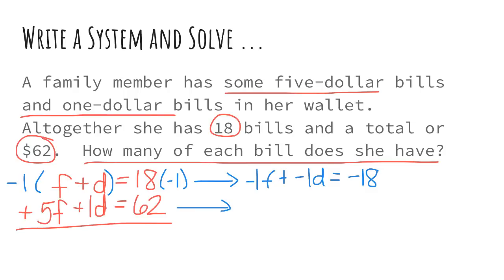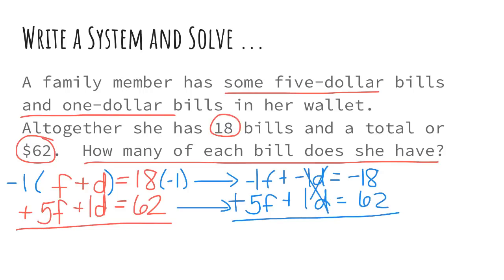This guy was unchanged, so I'm just going to copy that. And now if I add, my dollar bills will be eliminated. So I'll have 4 $5 bills that are going to equal $44, which means that this person must have 11 $5 bills.